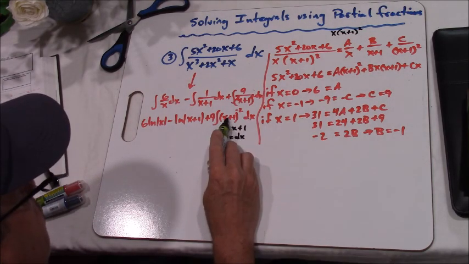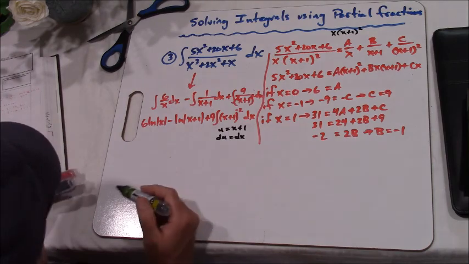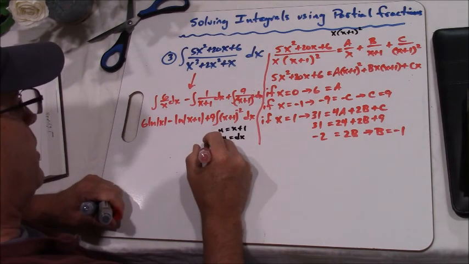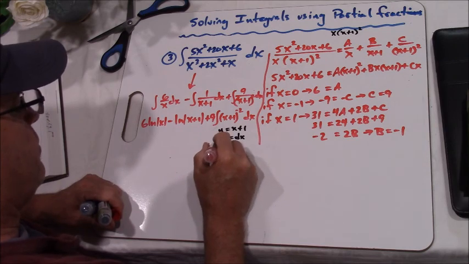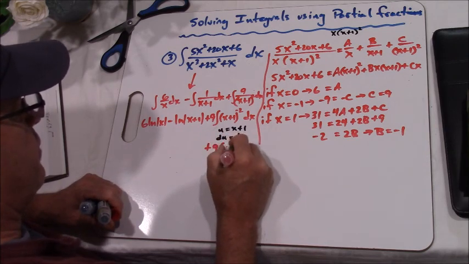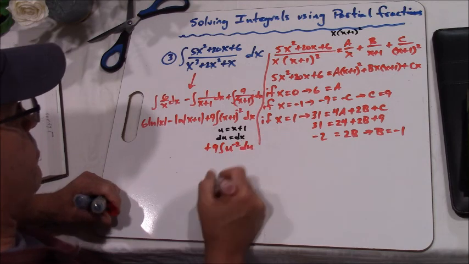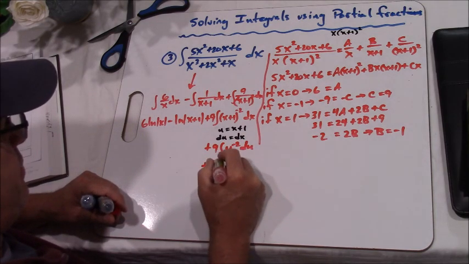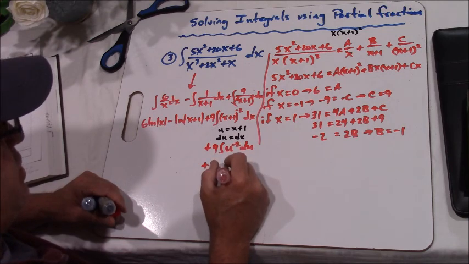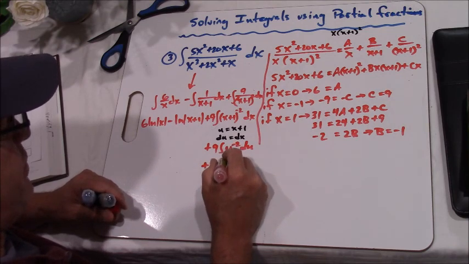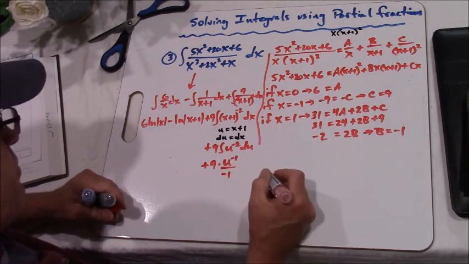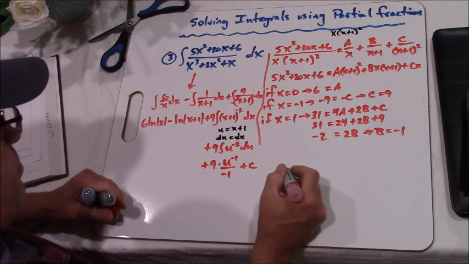I'll substitute and call this u to the negative 2. So this integral becomes 9 times the integral of u to the negative 2 du, which when I solve that, I'm going to get 9, add 1 to the exponent, you get u to the negative 1, divided by the new exponent, plus c.